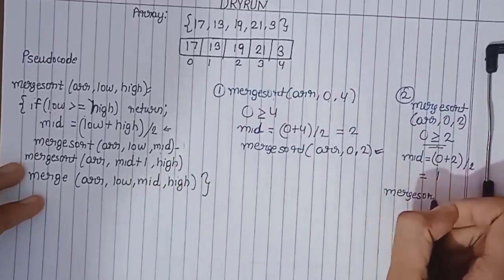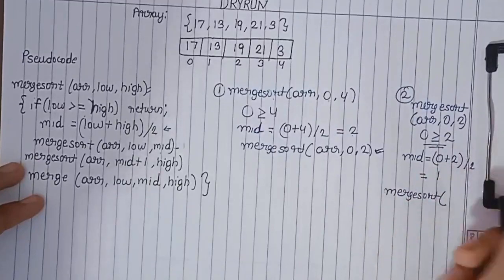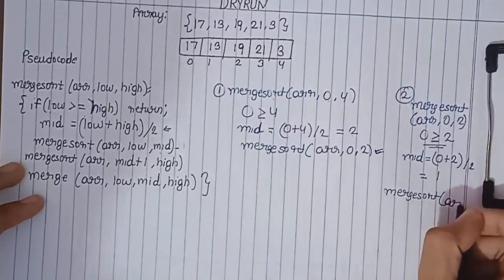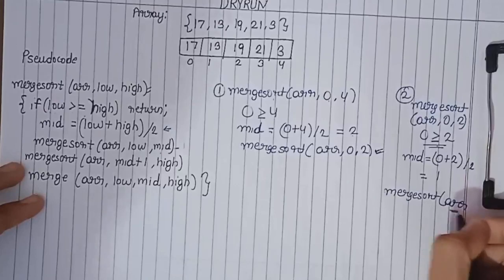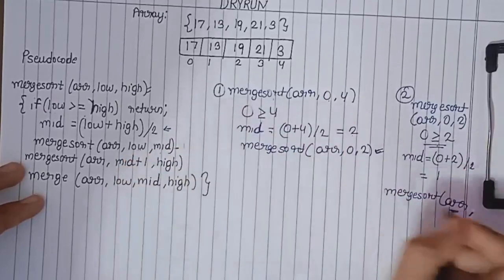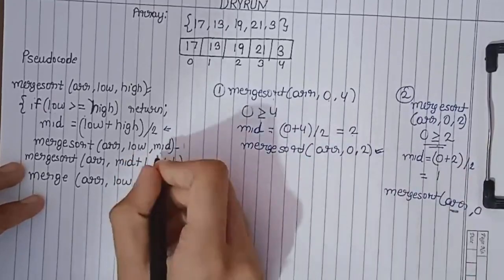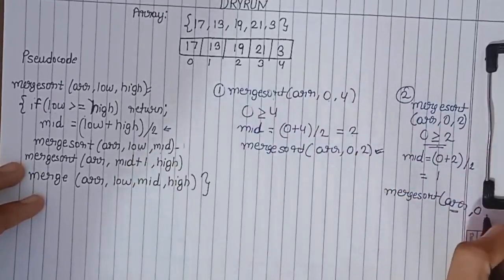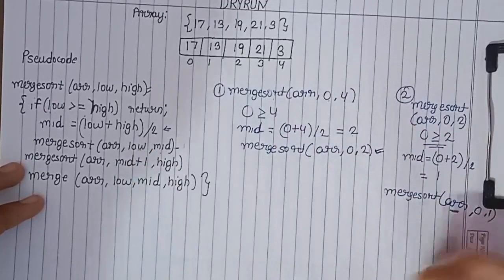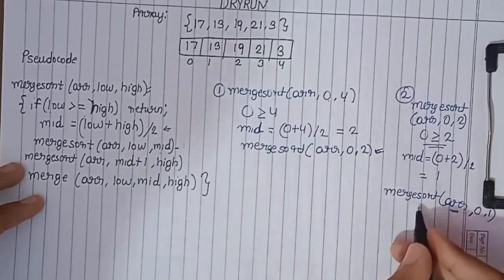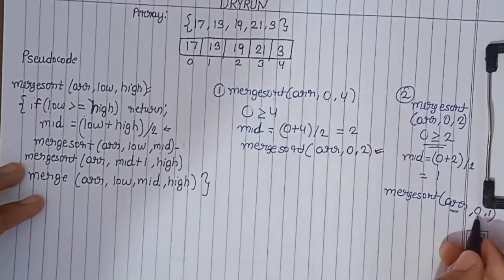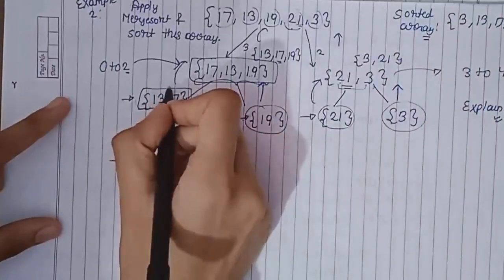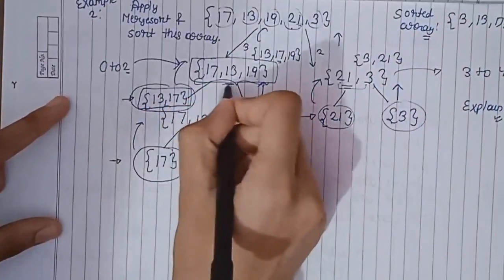And again the control will come on to this line, and in this line we have called the merge sort with the parameters as the array, the lowest index as 0, and the middle index as 1. So now you must note that by passing the lowest index 0 and the highest index 1, we have come to this part from this.